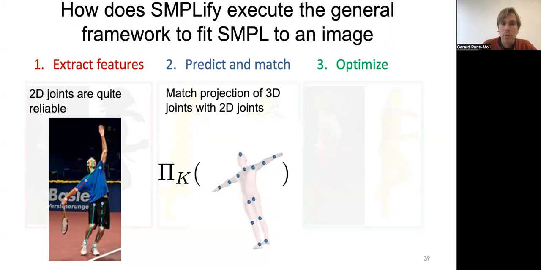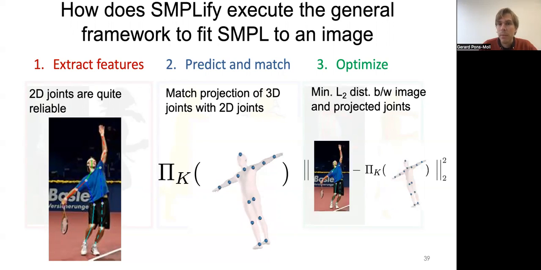It's just 2D points. You can just project them with a single matrix multiply. They are naturally differentiable with respect to the model. And so this makes them very easy-to-use features for optimization, right? Then you minimize an L2 distance between the detections and the predictions of the model.